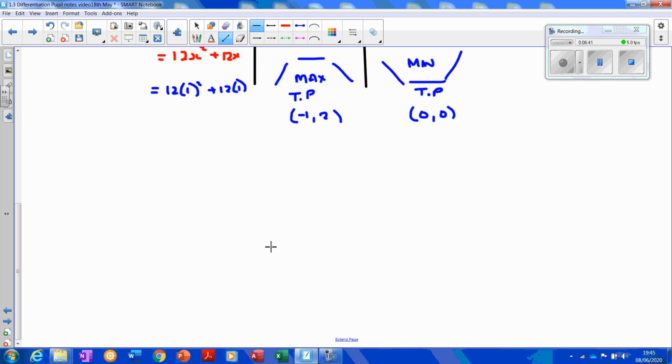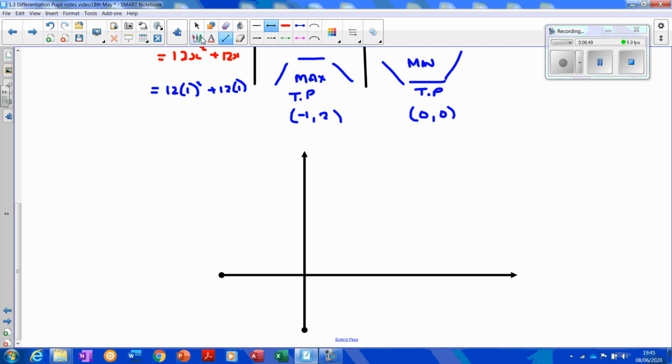So draw your x and y axes. This one was crossing at the origin, and it was crossing at the point minus 3 over 2, or minus 1.5, so it's crossing the x-axis there.